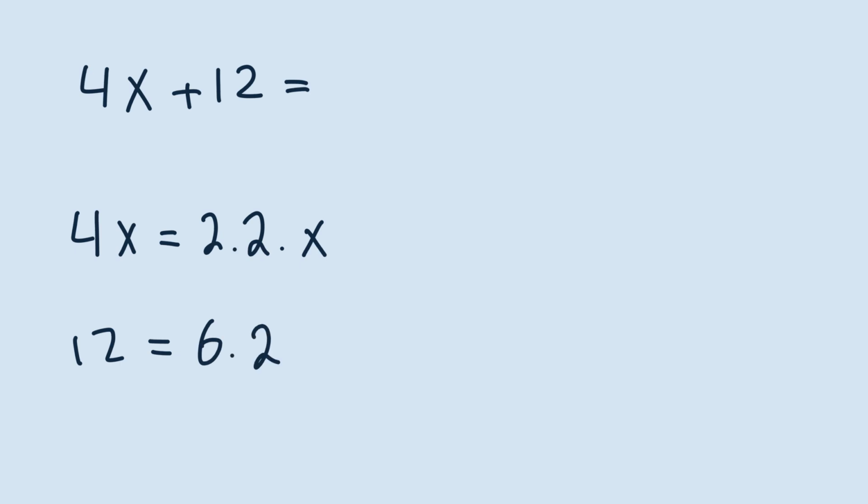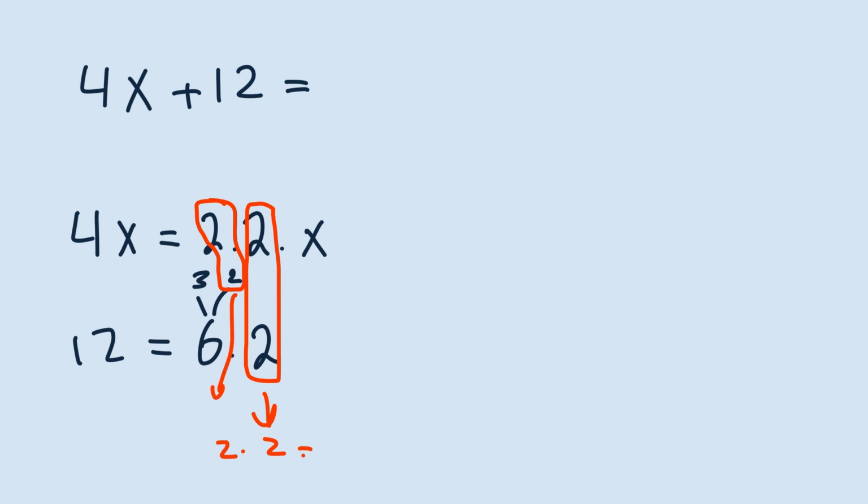But before choosing 2 as the greatest common factor, pay attention. 6 can be broken down also into 3 times 2, right? So now we have 2 as a common factor and also this 2 as a common factor. Now 2 times 2 is 4. So we can conclude that 4 is the greatest common factor.